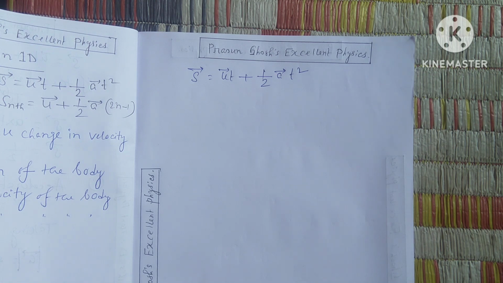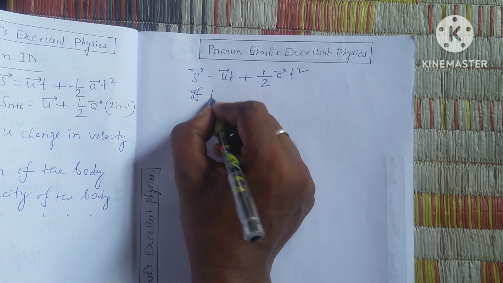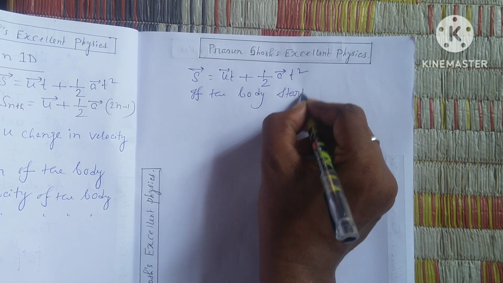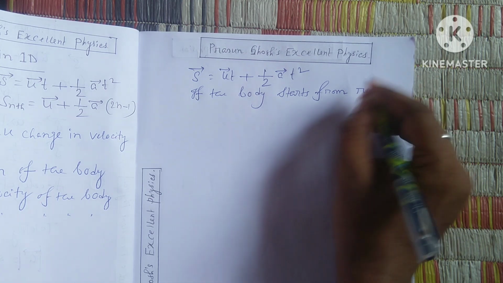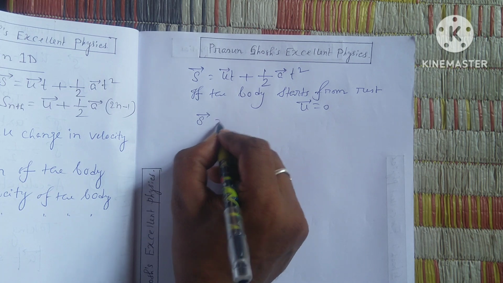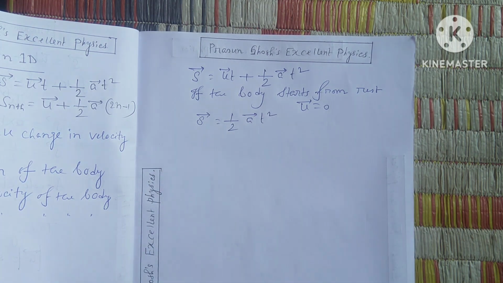If the body starts from rest, that is u equals 0, so s equals half a t square. So this is very important for solving different types of problems.